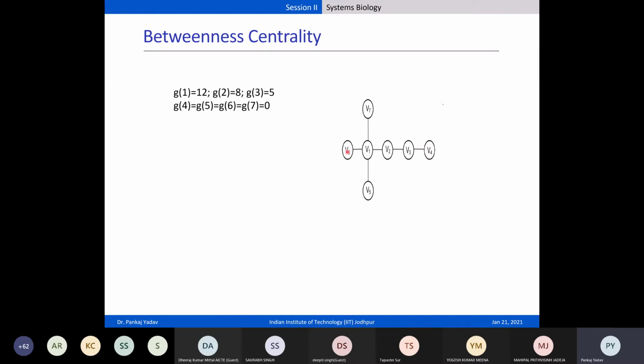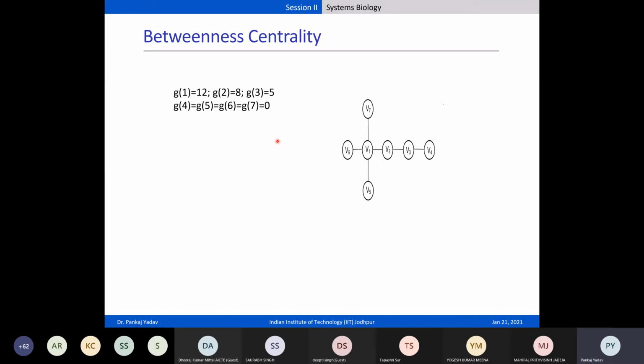For example, if you want to go from V7 to V5, you have to go through V1, and if you want to go from V7 to any of these nodes, then again you have to go through V1. So no doubt, just by looking at this network, we can say that V1 is important, probably the hub node.